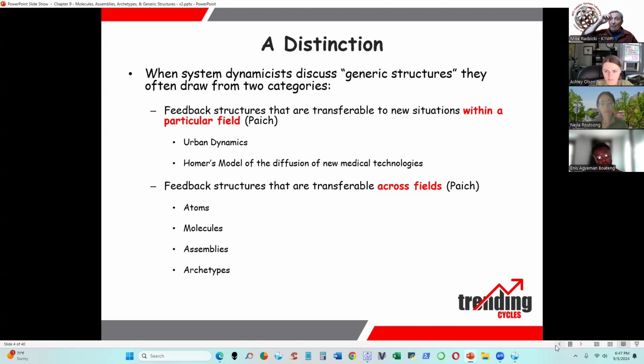Another example would be Jack Homer's model of the diffusion of new medical technologies into the marketplace. If you remember, I would cover this in the first course, he did it for the antibiotic clindamycin and for cardiac pacemakers.